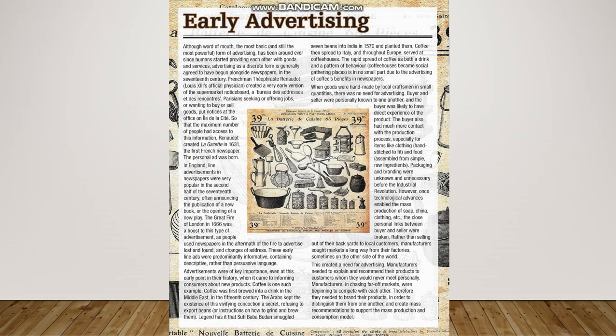This is the passage found in your textbook on pages 110 to 111, and it's entitled Early Advertising. We should be highlighting the keywords, important words that we think will be useful to our task, the writing of an article for a textbook intended for younger kids, boys and girls.